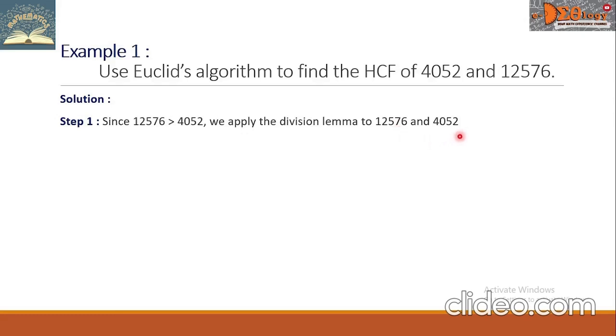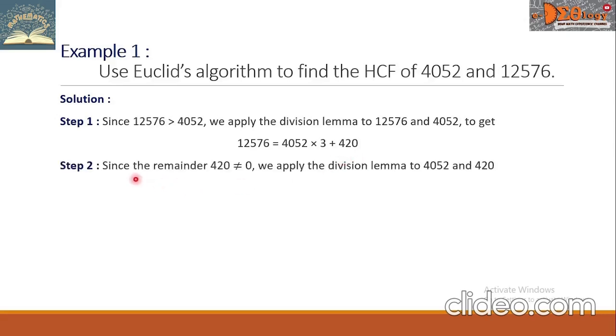That means we divide 12576 by 4052. So we get 12576 equals 4052 times 3 plus 420.